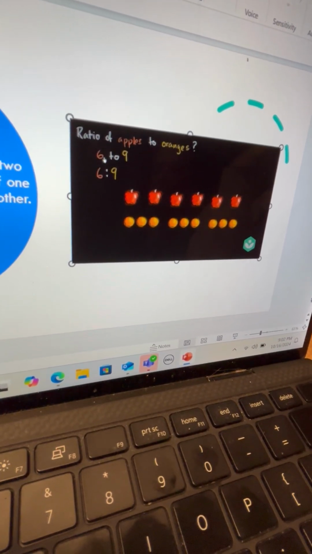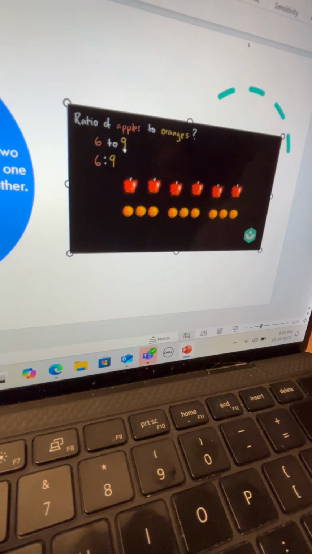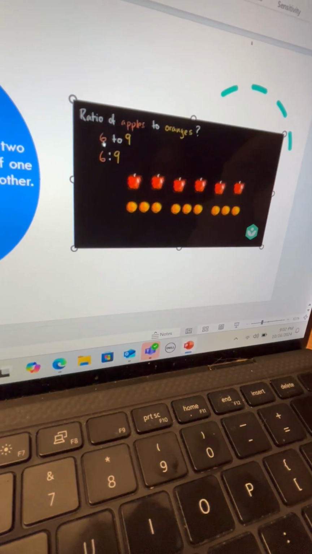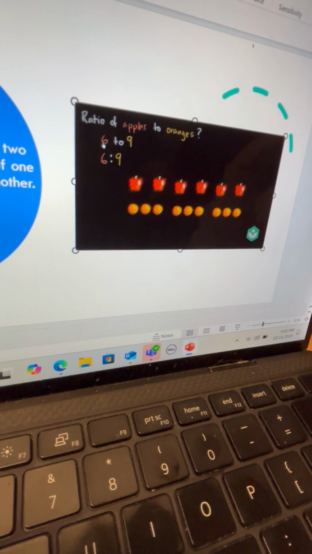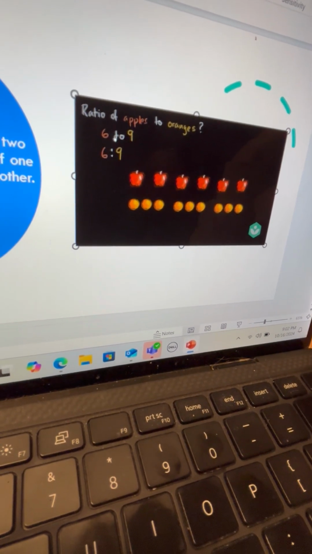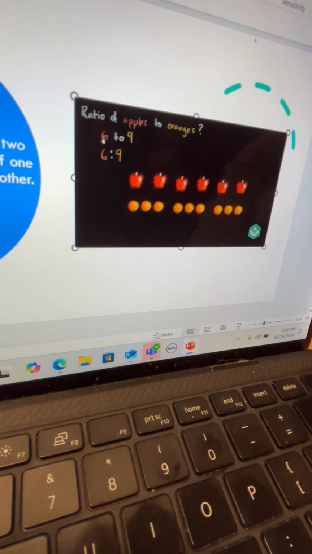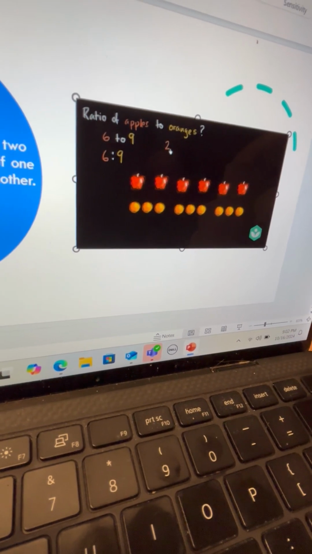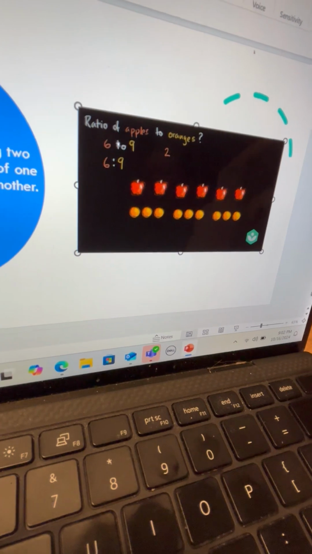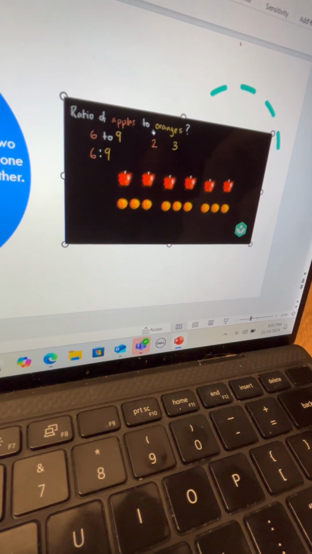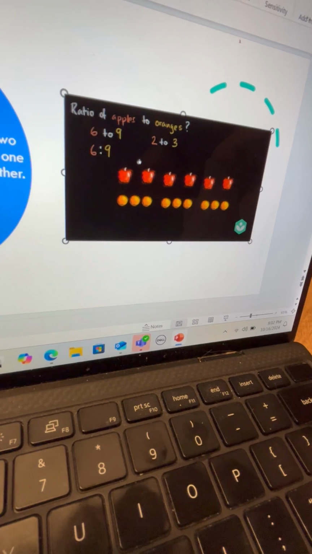Both 6 and 9 are divisible by 3. Just like we can reduce fractions, we can also reduce ratios. 6 divided by 3 is 2, and 9 divided by 3 is 3. So the ratio of apples to oranges is 2 to 3.